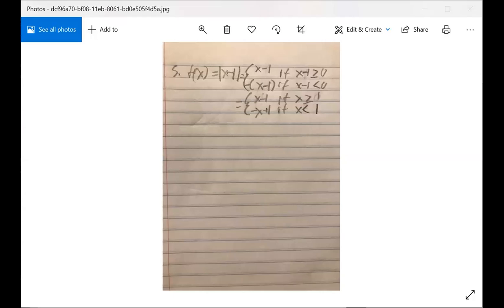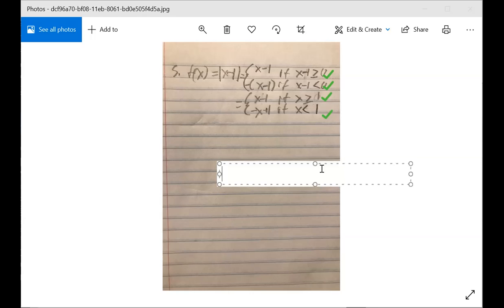Very good. Okay, let's see Bailey's work. Do you guys see that? Okay, so greater than or equal to 0 case, less than 0 case, and solving the inequalities. Perfect. Okay, great job. Write it down.